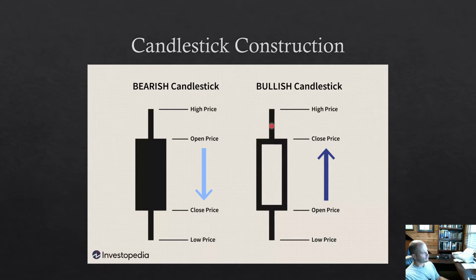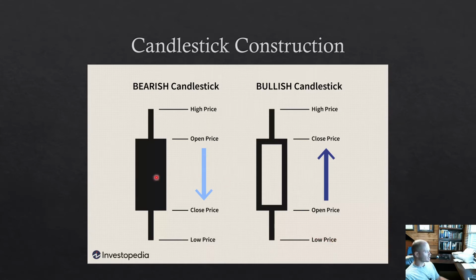So if we don't have an upper wick, then the top of the real body is going to be your high. The lower wick will show the candle's low. So right here is your lower wick, and it will show the lowest price wherever it stops at. It will show the lowest price that that candle traded at.